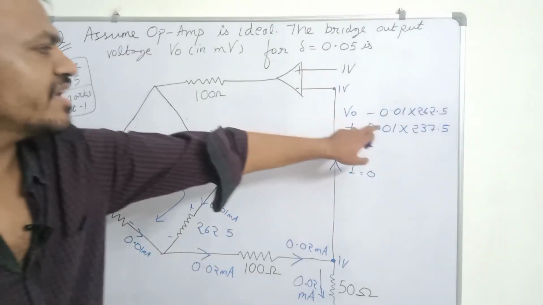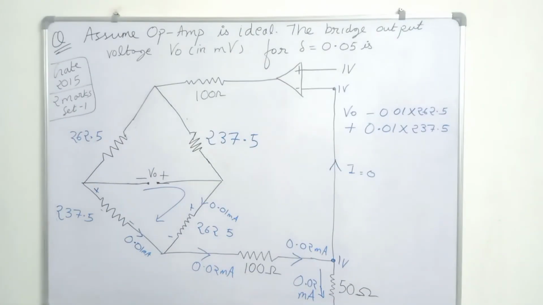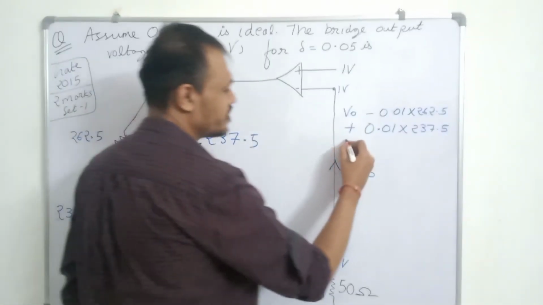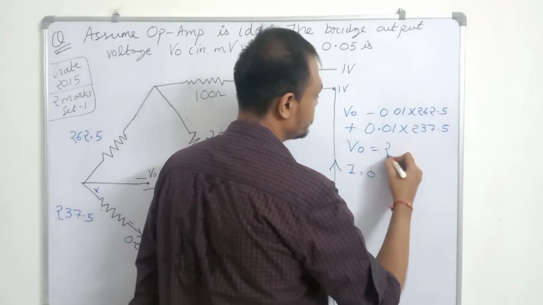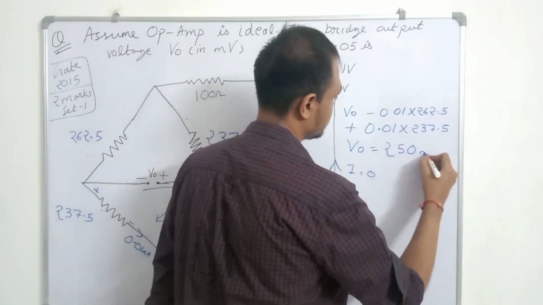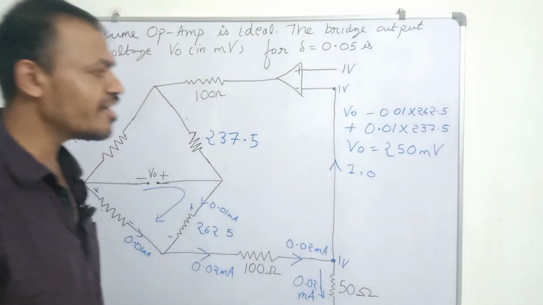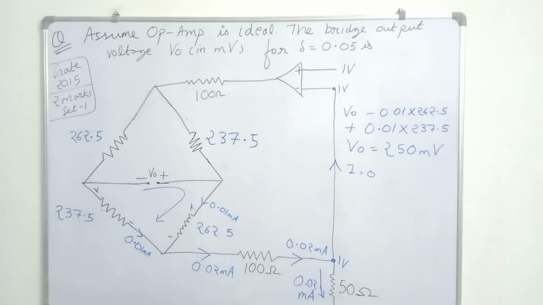And 0.01 is in milliampere. If you solve it, V0 comes out to be 250 millivolts. So the correct answer for V0 is 250 millivolts.